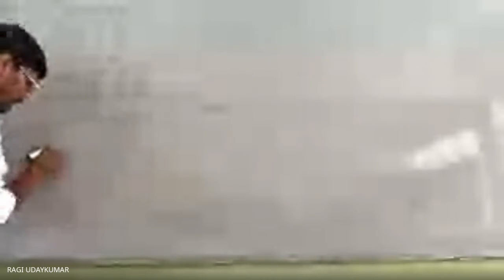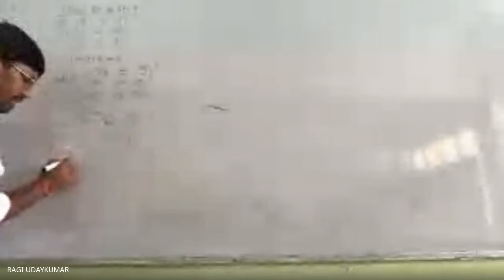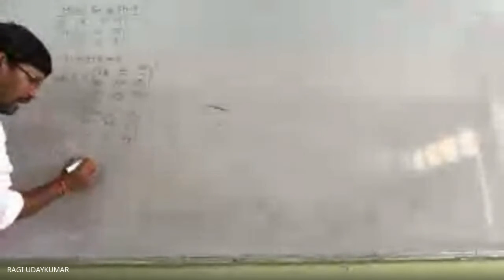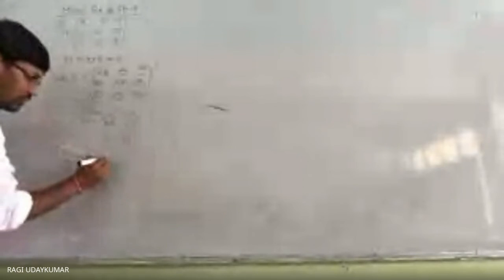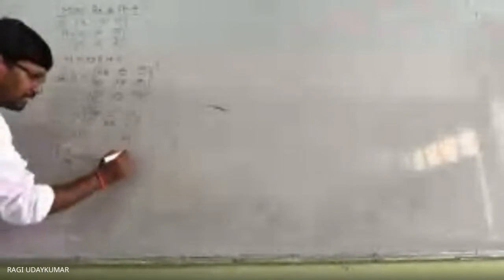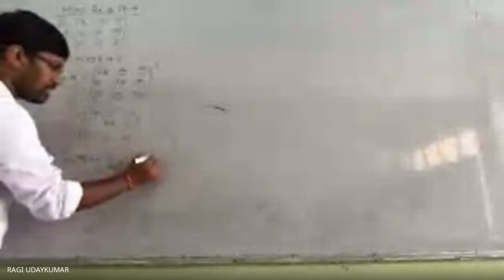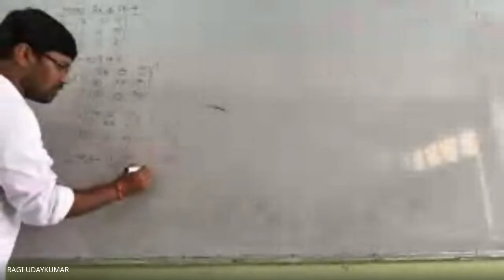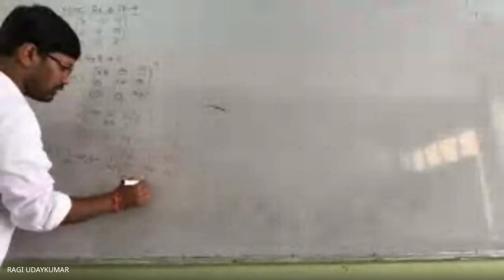So A inverse is equal to 1 by determinant of A into adjoint of A. So 1 by xyz into yz 0 0, 0 xz 0, 0 0 xy.